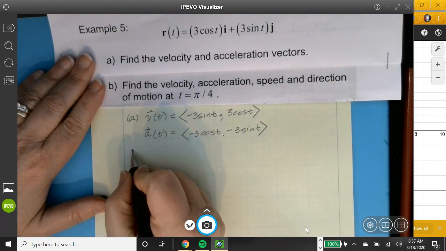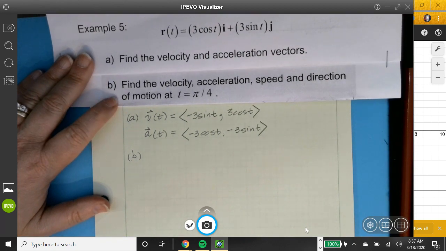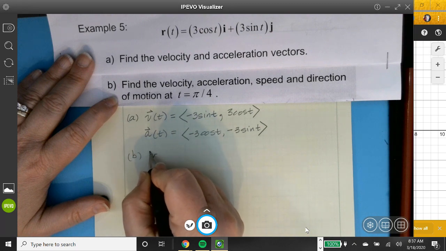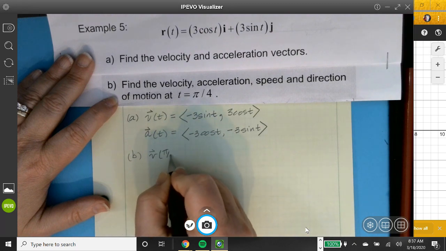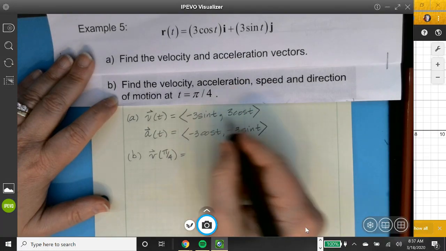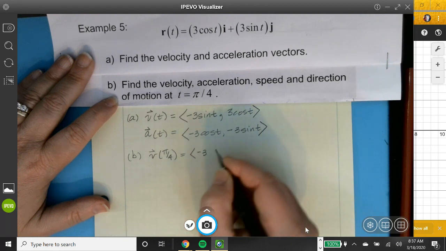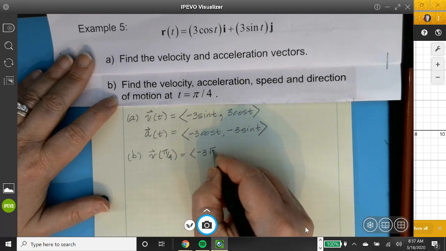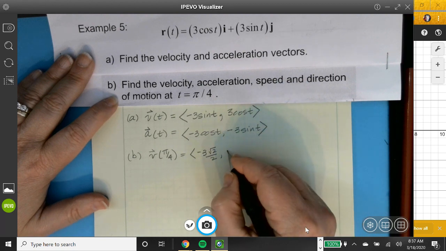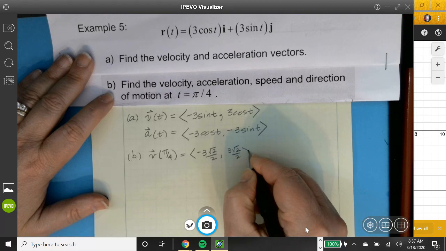And part B says, find the velocity, acceleration, and speed and direction of motion at pi over 4. So I want the velocity at pi over 4, which means I'm just going to plug pi over 4 into this velocity vector. So that's going to be negative 3 times the sine of pi over 4, which is root 2 over 2. And the cosine of pi over 4 is root 2 over 2, so this is 3 root 2 over 2. That's easy.